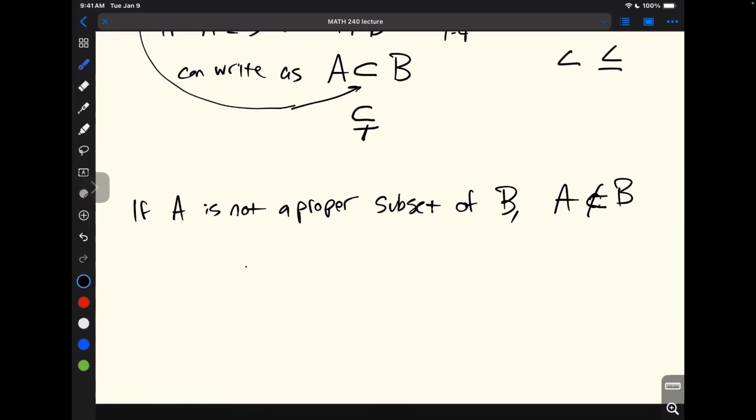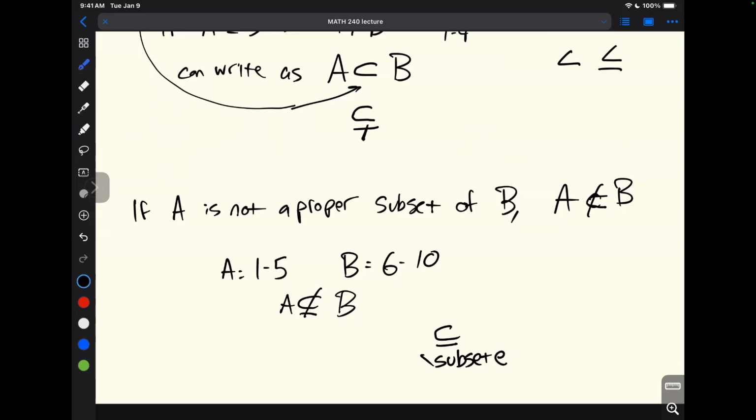That's equivalent if we have A is 1 through 5 and B is 6 through 10. They're both sets of numbers, but A is not a subset of B, and so we would write A not a subset B. You could also add the line here; the command for that is \subseteq, EQ for equals.